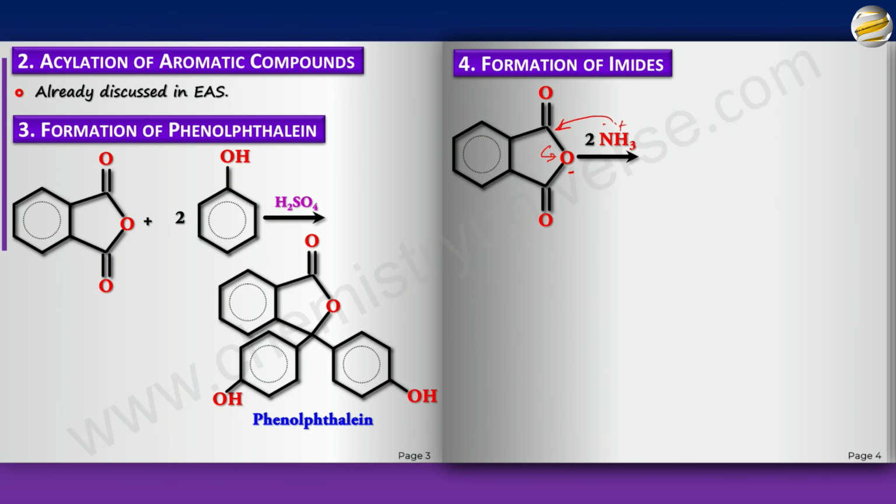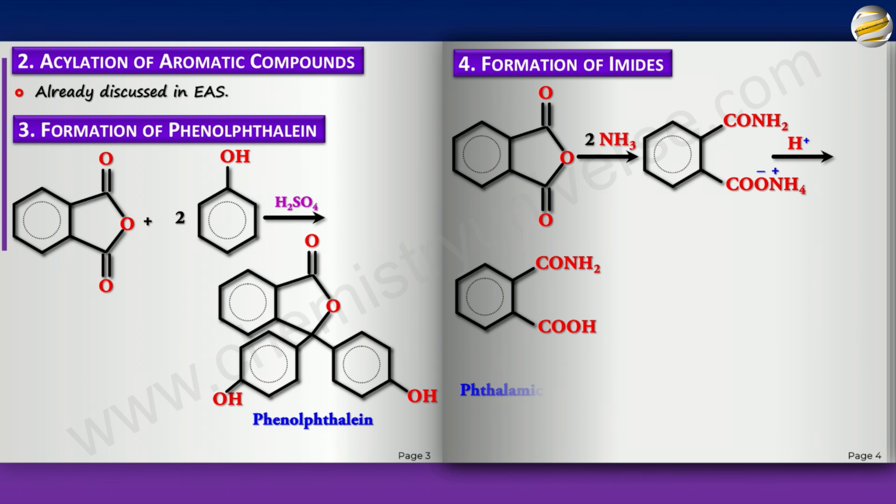So what happens is that you will get this one N as NH2 and the other as ammonium. The reason we have used 2 is because you get a carboxylate ion, and to have a cation with that, you would need ammonium ion. So basically you get one as amide, the other is ammonium salt. And if you protonate it, it will become acid.